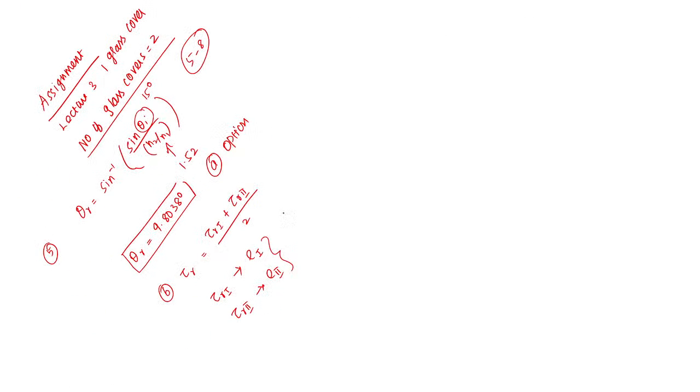The rho 1 formula is already there: sine square (theta r minus theta I) upon sine square (theta r plus theta I).